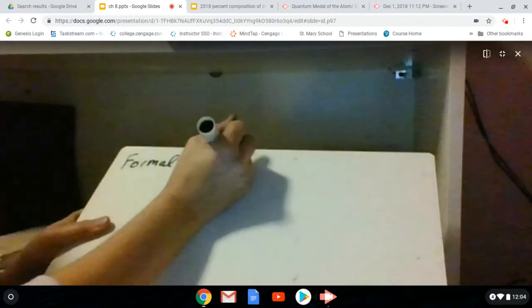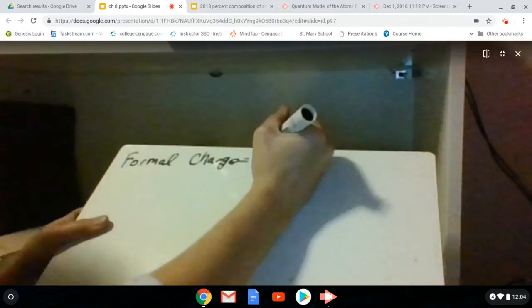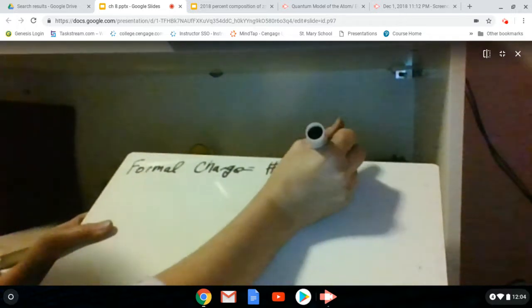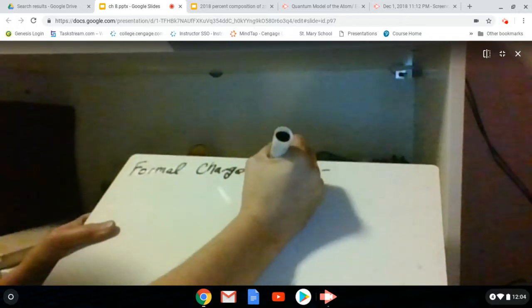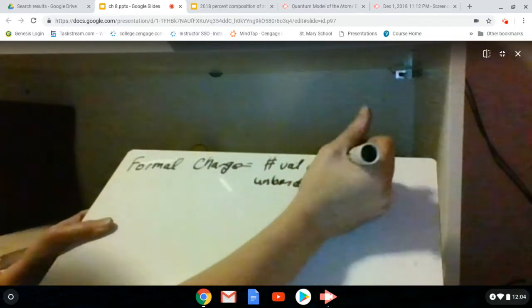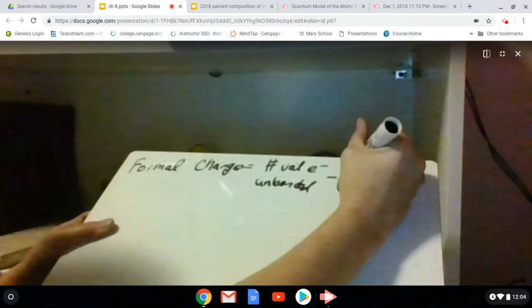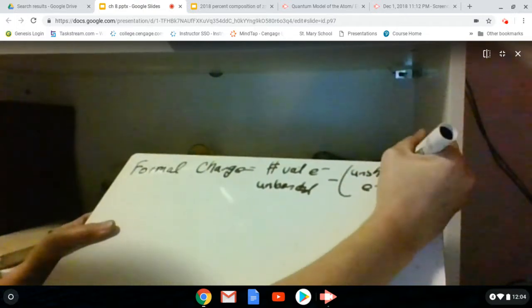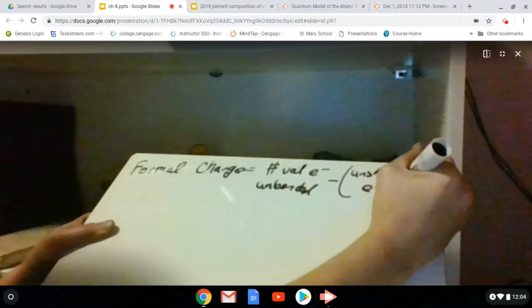Formal charge is equal to the number of valence electrons in the unbonded atom minus the unshared electrons plus half of the shared electrons.